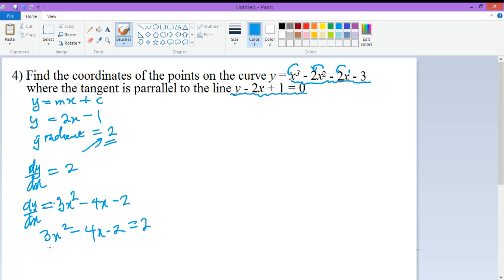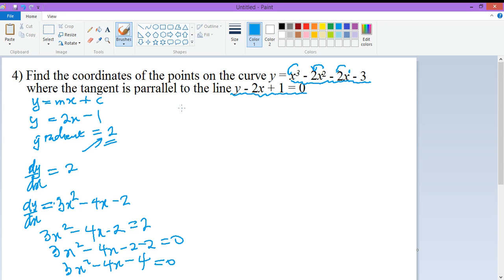So rearranging, 3x squared minus 4x minus 2 minus 2 is equal to 0. This becomes 3x squared minus 4x minus 4 is equal to 0. It's a quadratic equation, so we'll solve. We are going to factorize. I hope you know factorization already.